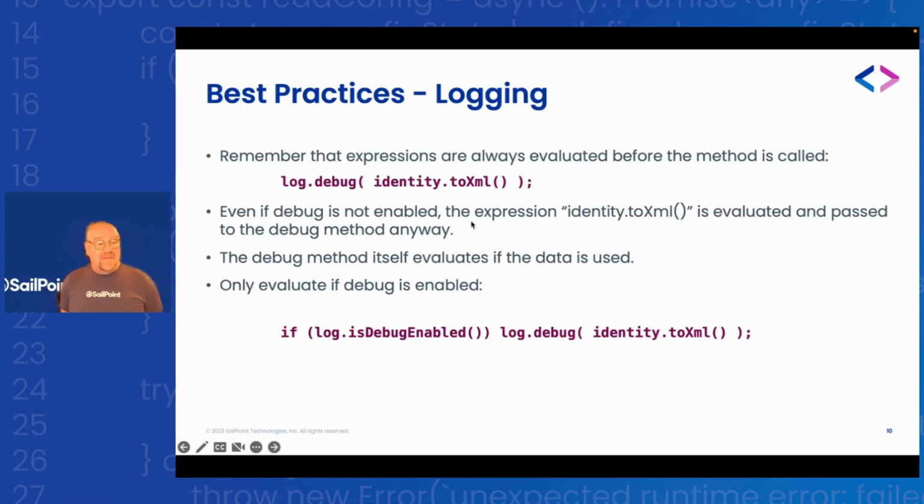So here I've got identity.toXML, which will get evaluated, even if debug isn't actually enabled. toXML is particularly resource hungry, because it will go and fully flesh out the identity object in this case, rehydrate it, and all the data, all the links and everything will be brought into the identity. And if you've got a big identity as well, it will take time.